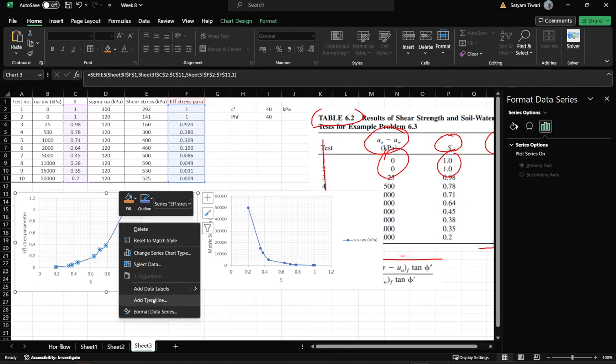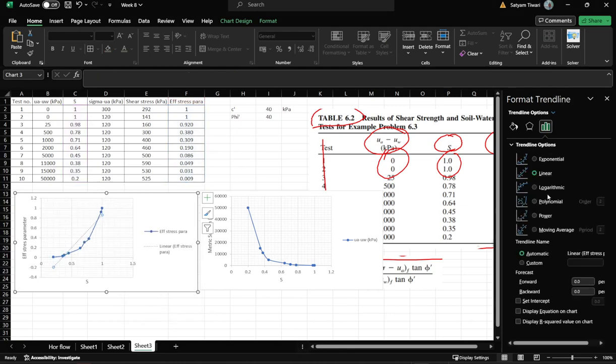Okay, add trend line. So if we fit a polynomial of order 2, then you'll see it is fitting very well, right? We also want to see the equation on the chart and the R-squared value. And let's say I want this polynomial of order 1.